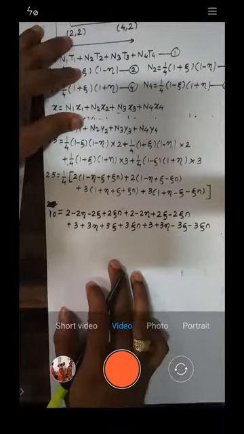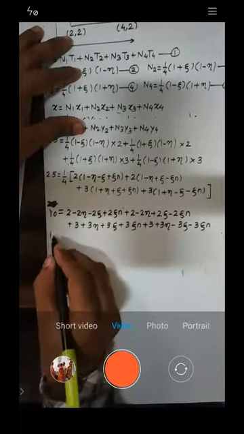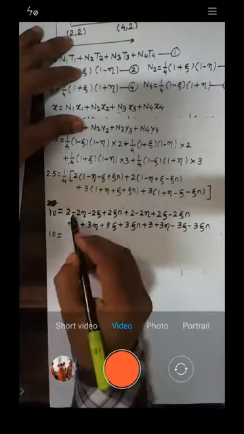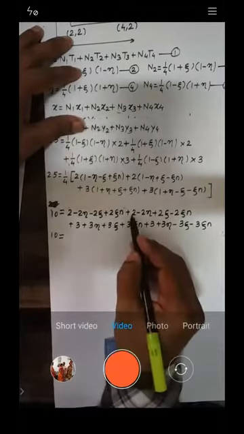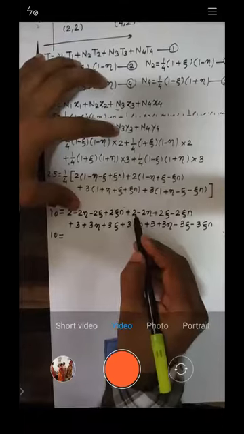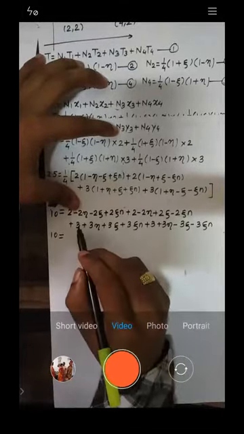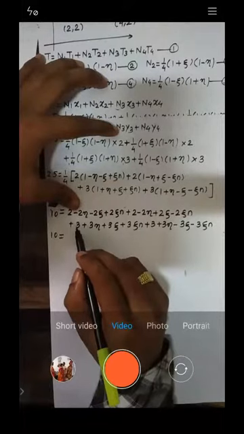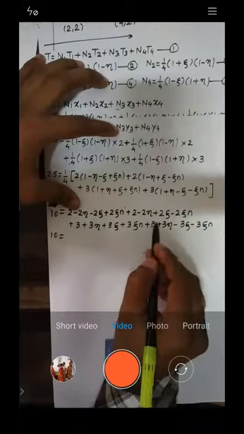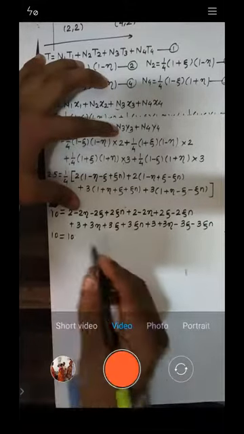So 10 is equal to, this is 2. So 2 plus 2 is 4, 4 plus 3 is 7, and this 7 plus 3 is 10. Is it okay?